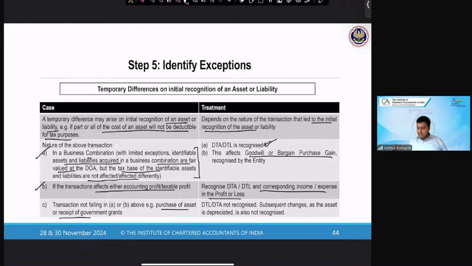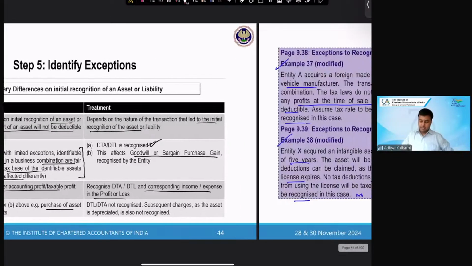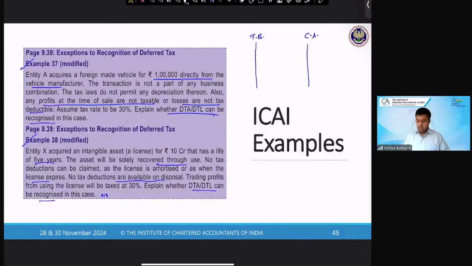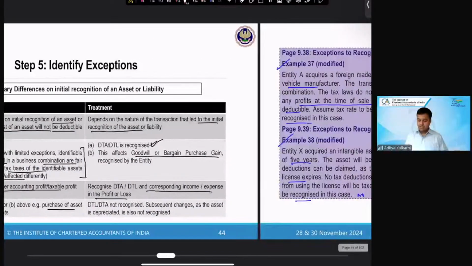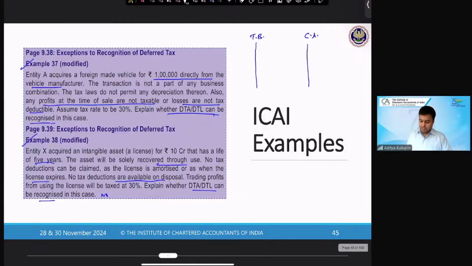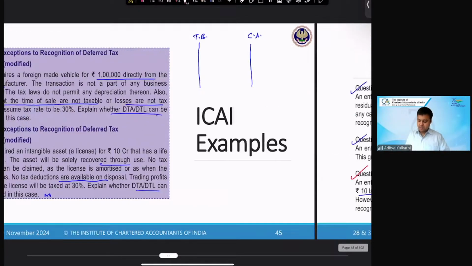Example, purchase of asset or receipt of government grants. DTL or DTA is not recognized. Subsequent changes, for example, on depreciation of asset, that is also not recognized. All right. Fine. So these are the identification of exceptions, further part. Next.